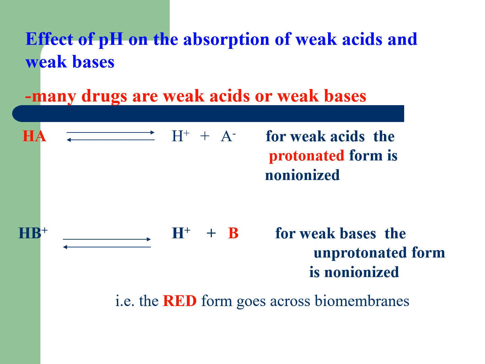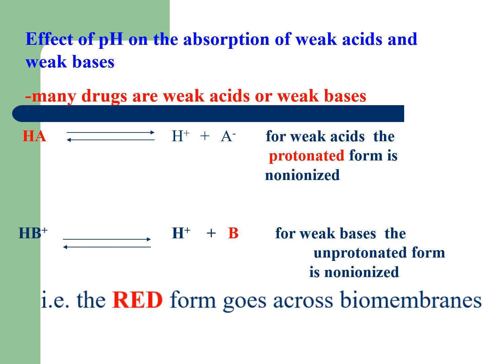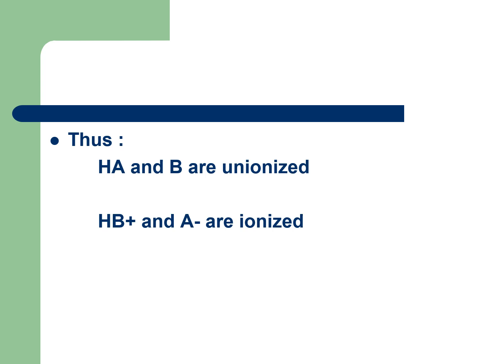So you can appreciate that HA, which is a protonated form of an acid, is more absorbable, whereas the unprotonated form of a base is more absorbable. ठीक है, so you should know this concept कि एसिडिक ड्रग जो है वो प्रोटोनेटेड फॉर्म में ज़्यादा एब्जॉर्ब होती है और जो बेसिक ड्रग है वो अनप्रोटोनेटेड फॉर्म में. ऑल राइट, so HA and B are unionized, whereas HB and A are ionized forms.